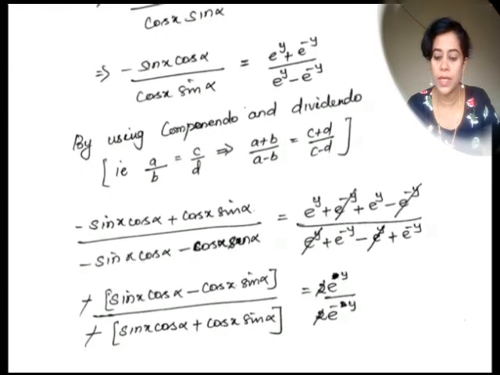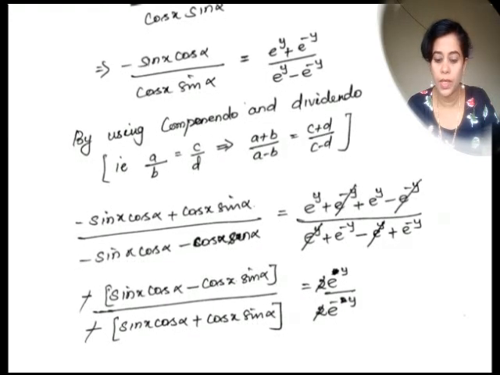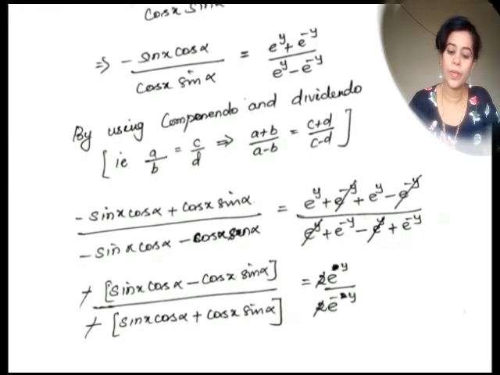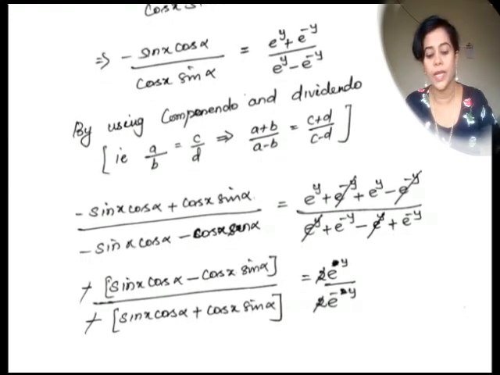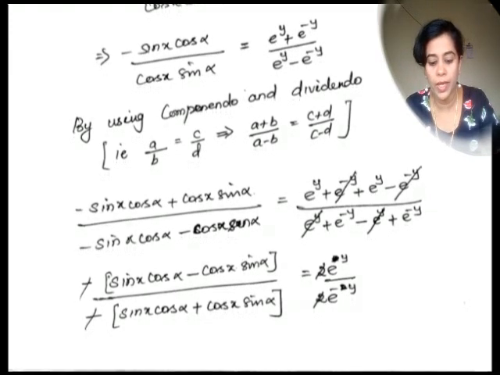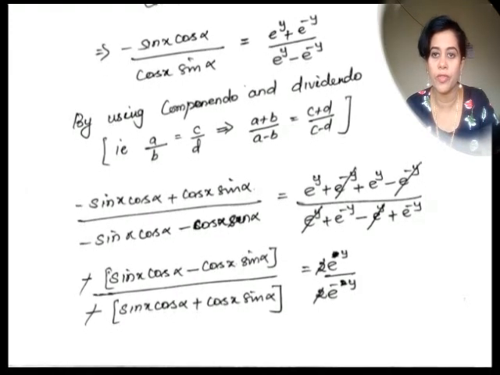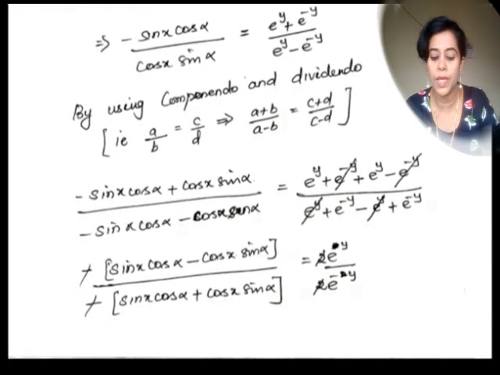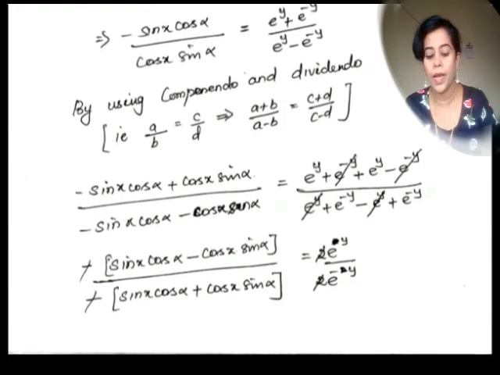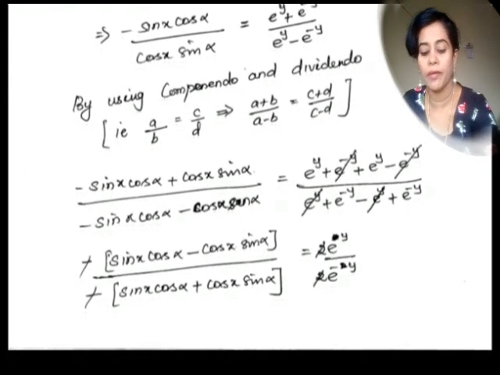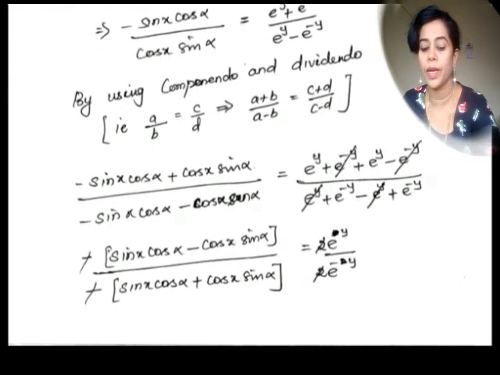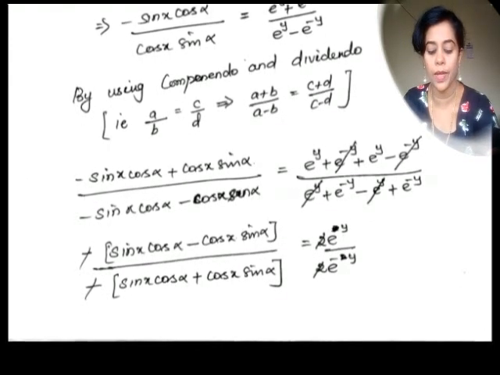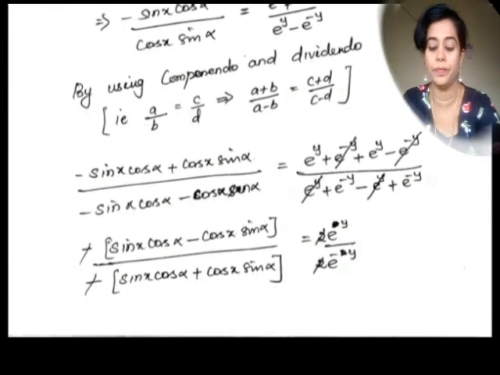On the left hand side, we can take minus as common. Why are we taking minus as common? According to the formula, when I take minus as common, the numerator is sin a cos b minus cos a sin b, and in the denominator it will be sin a cos b plus cos a sin b.